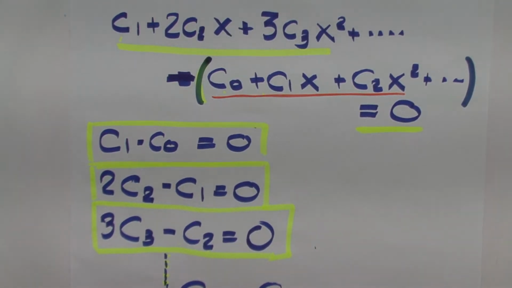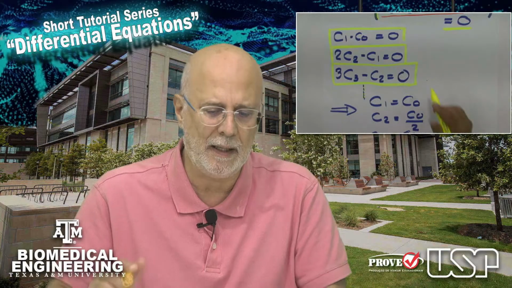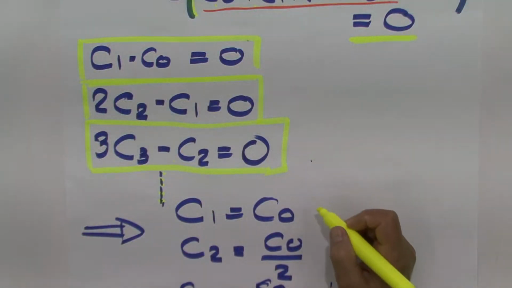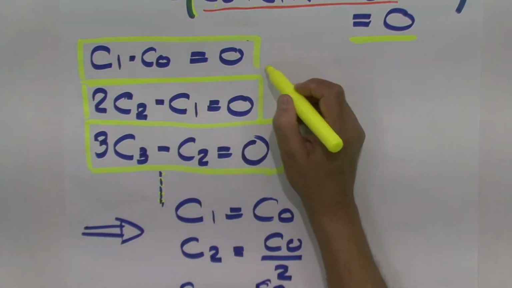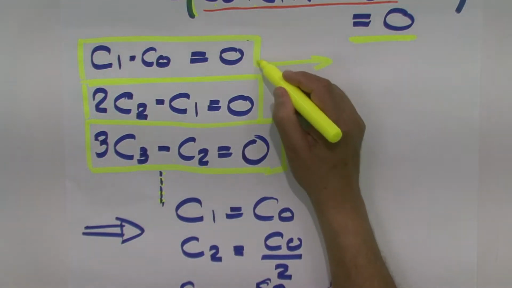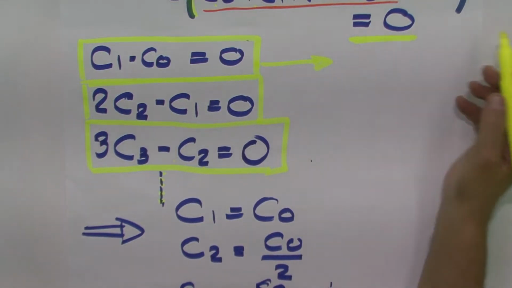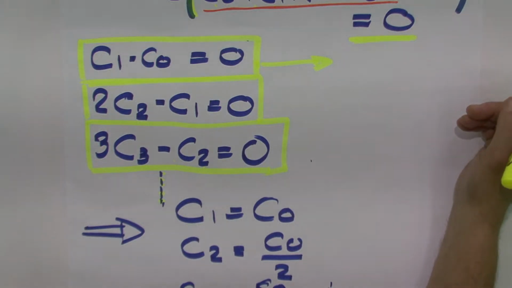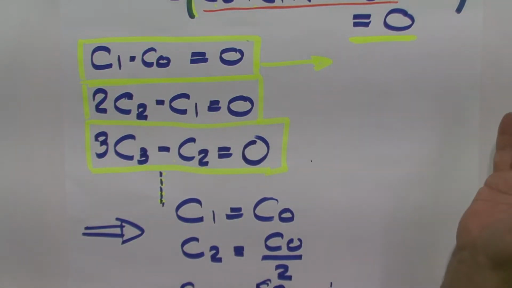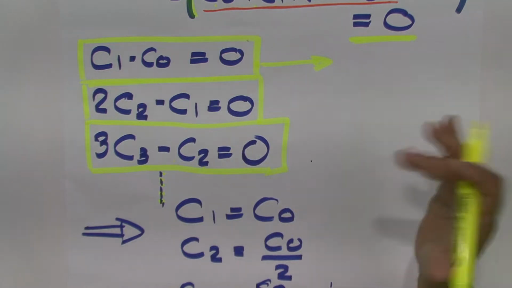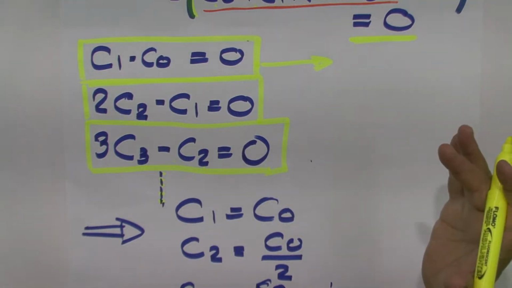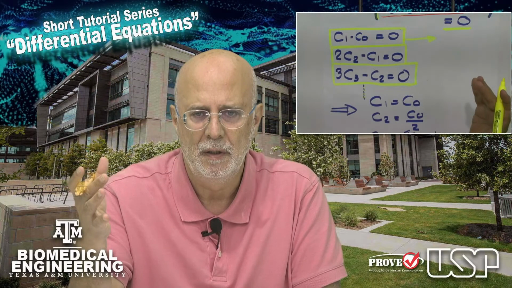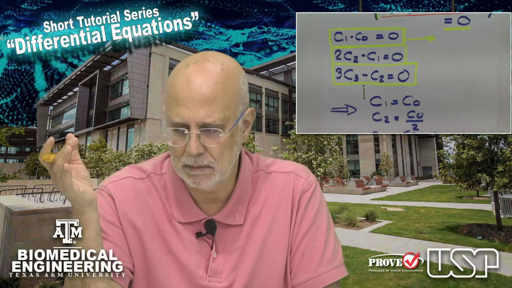And what do I get at the end? I get this sequence. But I see that c1 can be determined. I need some information from the function. I could give you the information that at x equal to 0, the function has a value, which is the initial condition, and I could say that the value is 1.